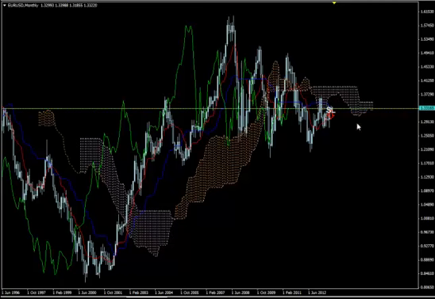On the monthly chart, we see that things are rather bearish because price is below the Kumo, and look at the distance between the upper border of this bearish Kumo, which is Senkou Span B, and the lower border, which is Senkou Span A. If they were close to each other, a bullish reversal would be possible, but here we have a distance which says that bearish momentum is still present.